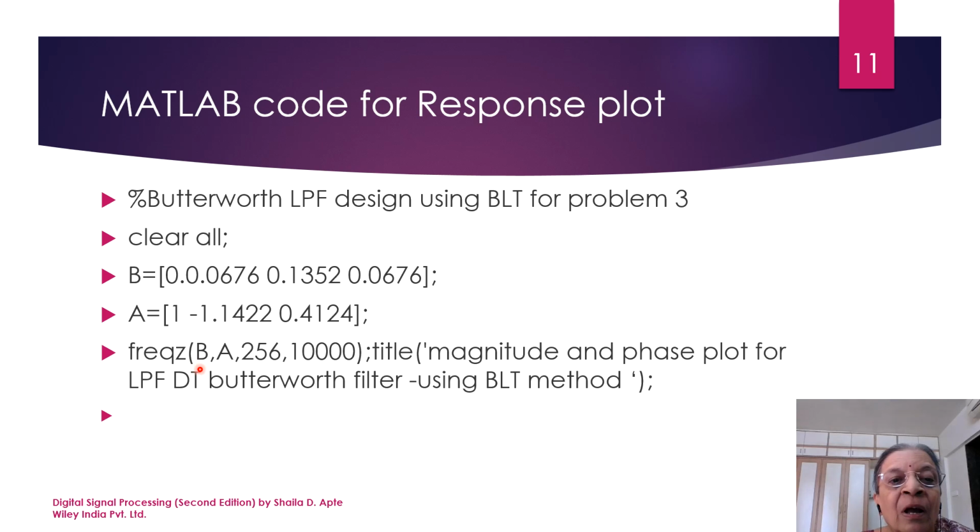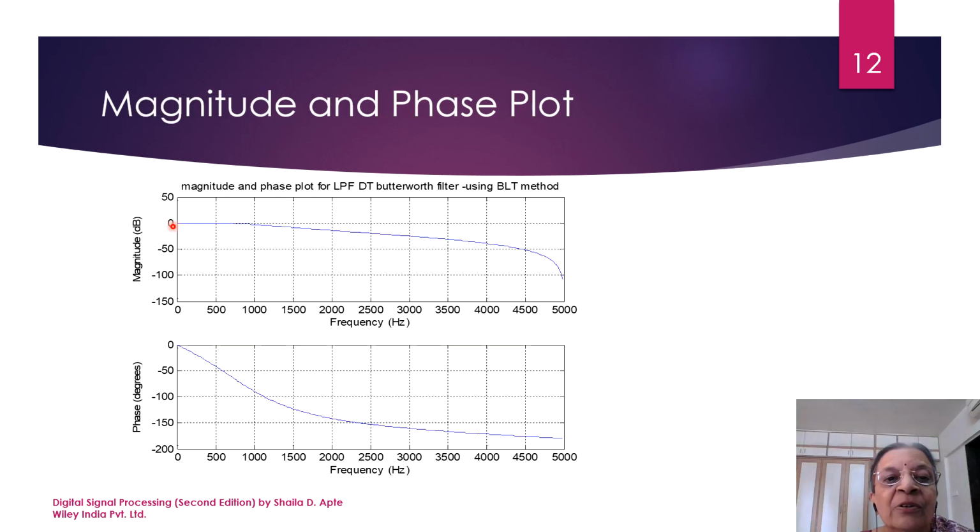Then we write the freqz command, freqz(B, A), where 256 is the size of the fast Fourier transform and 10,000 is the sampling frequency. So we can calculate the magnitude response, and it turns out like this. This is the phase response. You can see that the phase is linear in the passband. The passband is between 0 and 1000.